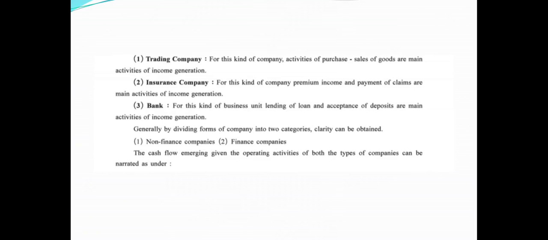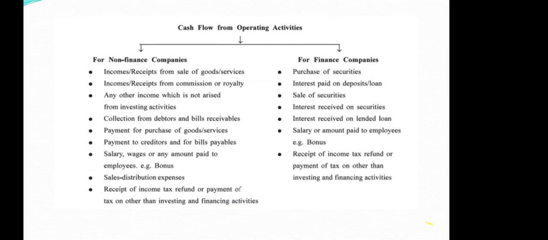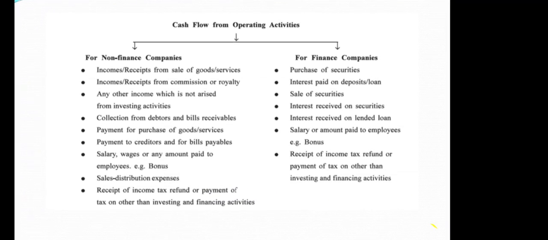Generally, by dividing companies into two categories, clarity can be obtained: non-finance companies and finance companies. The cash flow emerging from the operating activities of both types of companies can be narrated as under. Cash flow from operating activities.